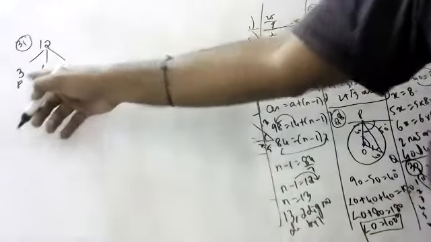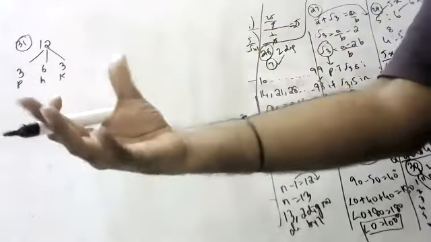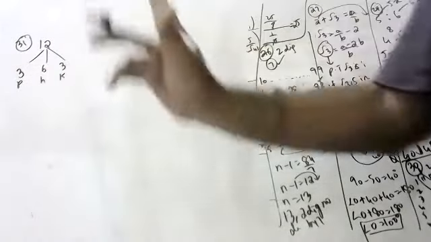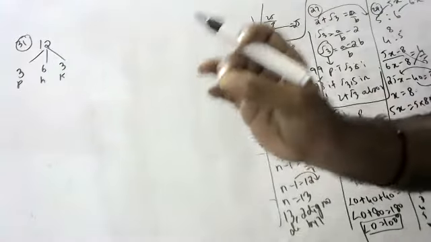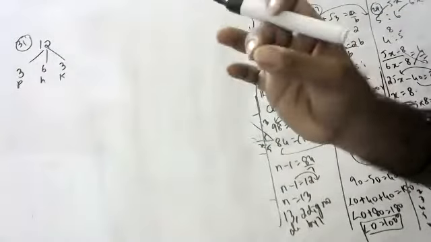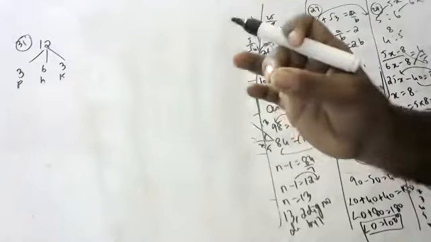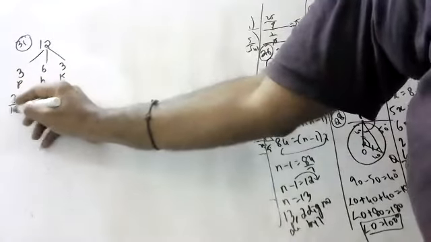These are patient, they have a lot of patience. These are honest, these are kind. Question: a person from the group is selected at random, assuming that each person is equally likely to be selected. Find the probability of selecting a person who is extremely patient.